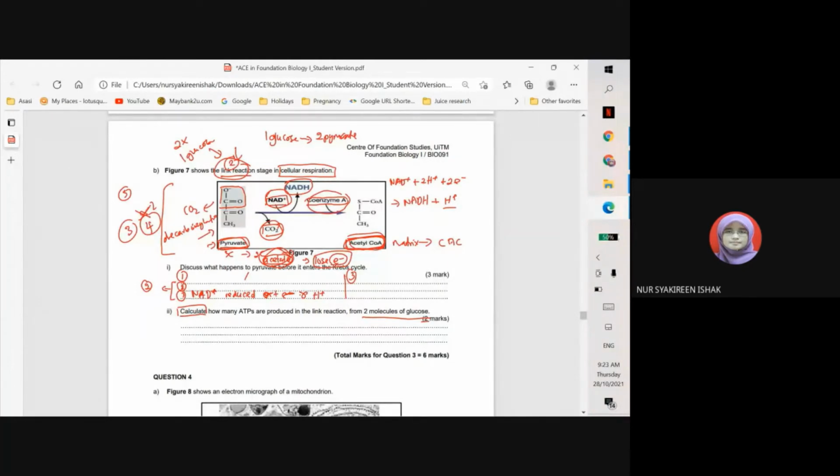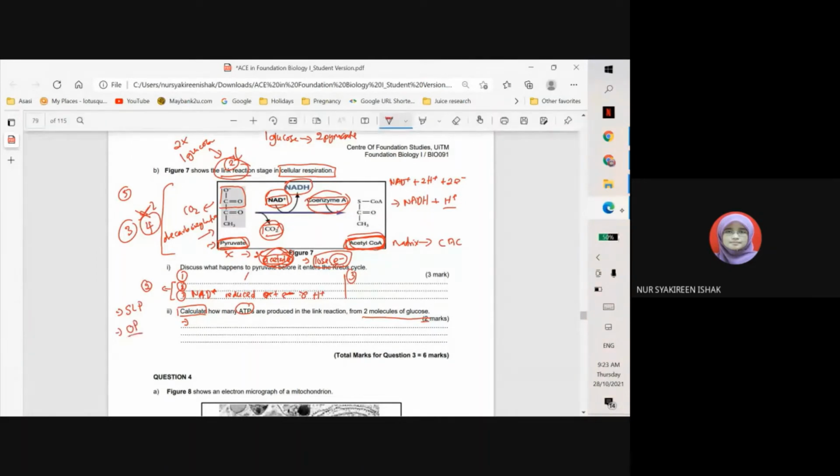Okay, so maksudnya kat sini ada 2 kemungkinan jawapan yang boleh diterima. Awak tahu the production of ATP is either through substrate level phosphorylation ataupun oxidative phosphorylation.